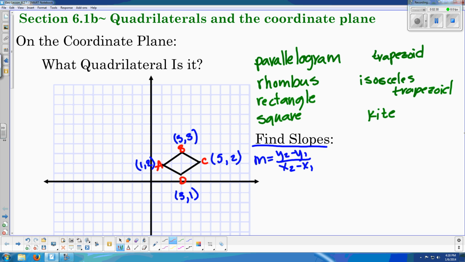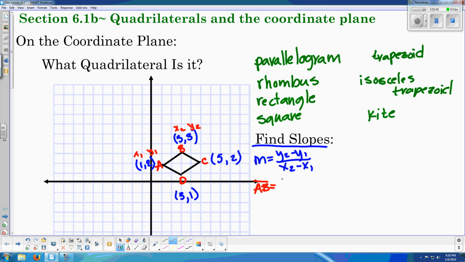Okay, first line segment. Let's just do AB. And remember, this is our x1, y1, and x2, y2. So we're going to do line segment AB. We're going to find the slope.